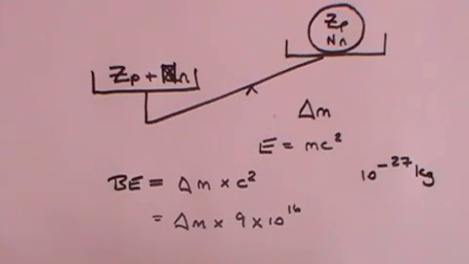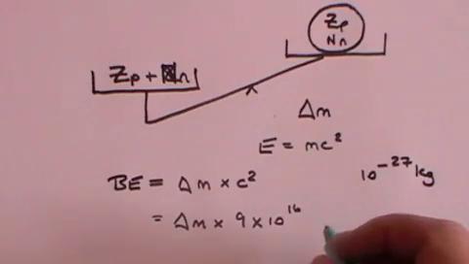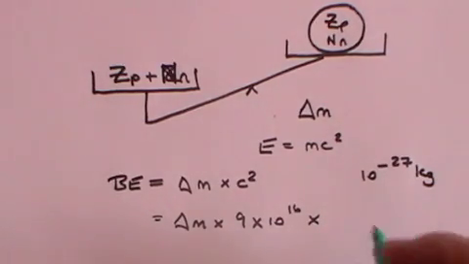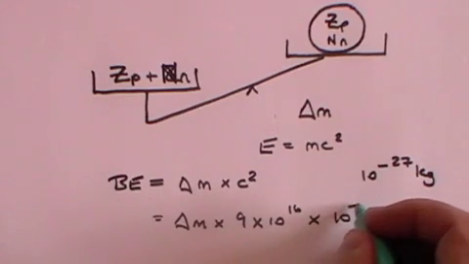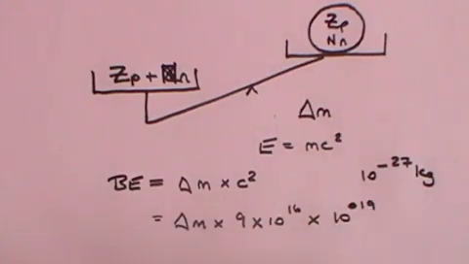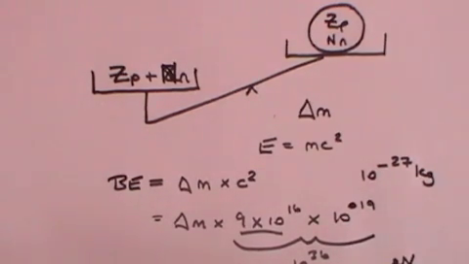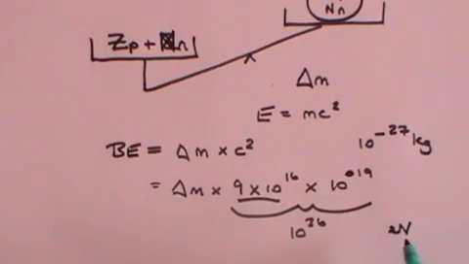And if you want to convert joules to electron volts, not quite this, but you multiply by 10 to the 19. You actually divide by 1.6 times 10 to the minus 19, but we'll just look at orders of magnitude. So you can see that this is essentially 10 to the 17, this is 10 to the 19. All of this combined is a massive 10 to the 36 to get an energy in electron volts.